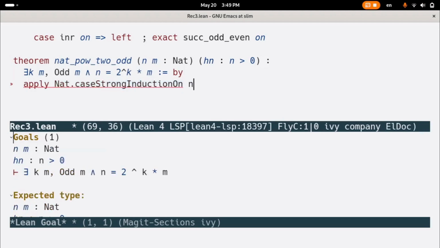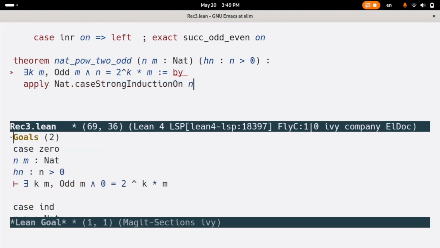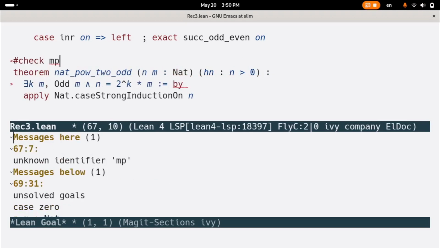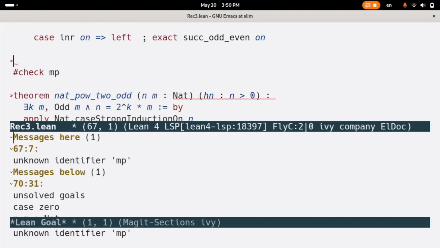So we will try to apply strong induction on the natural number n here. Observe that in the conclusion there is no mention of n, and in the hypothesis too there is no mention of the fact that n is equal to 0. We can fix this problem by applying modus ponens.